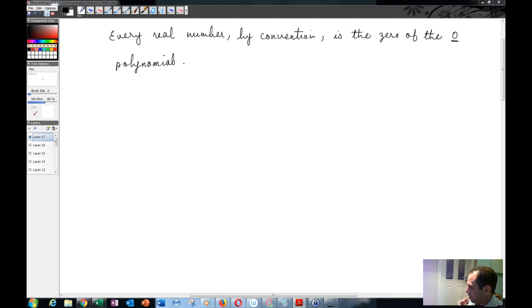Of course, you're going to need all of these identities in algebra and in polynomials to be able to work with them and factorize them and things like that.